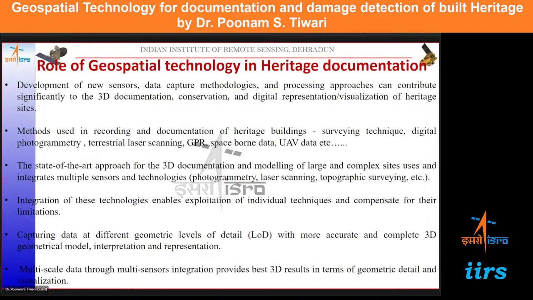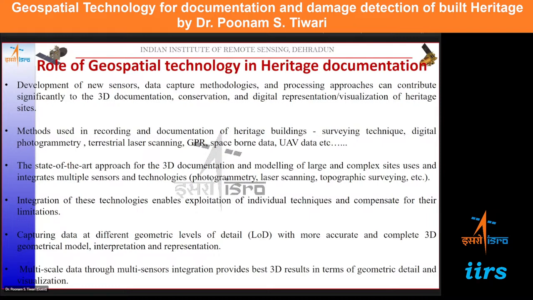of time. Now, there are a large number of technologies which come under the domain of geospatial technology, which can be used for heritage documentation. New sensors and data capture methodologies and processing technologies are coming up, and these newer methods have contributed significantly towards the 3D documentation, conservation, and digital visualization of heritage sites.